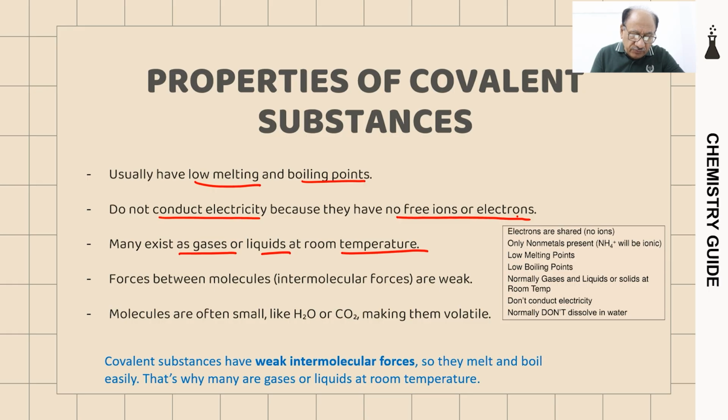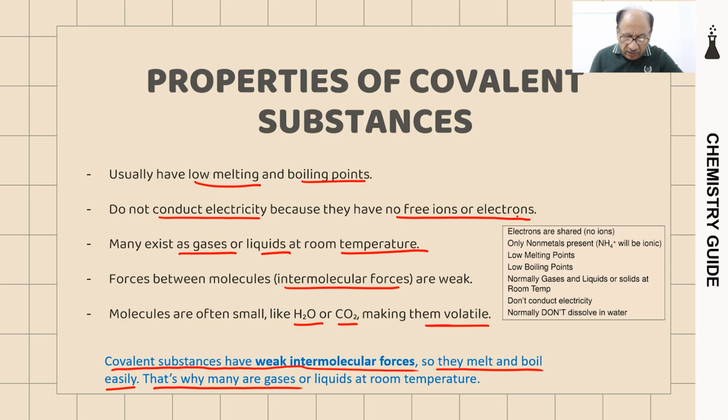The intermolecular forces between molecules are weak, so less energy is required to overcome them. Molecules are often small, like water or carbon dioxide, making them volatile, so they convert from liquid to gas easily. Covalent substances have weak intermolecular forces, so they melt and boil easily. That's why many are gases or liquids at room temperature.